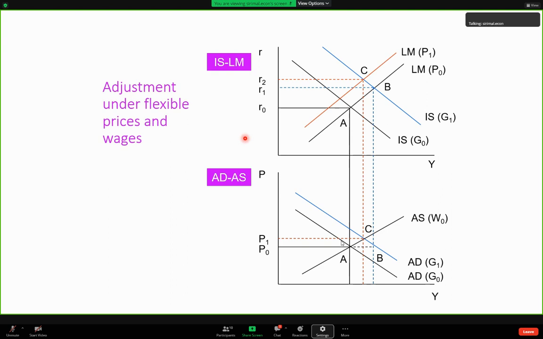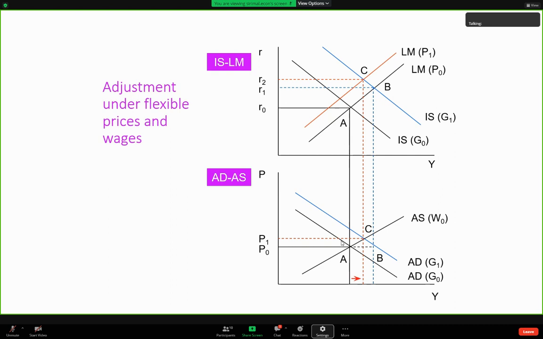Now this is purely a classical idea. According to the classical idea, any increase in output level, you can see output level has gone up to this level, is going to be temporary. Why do they call it temporary?